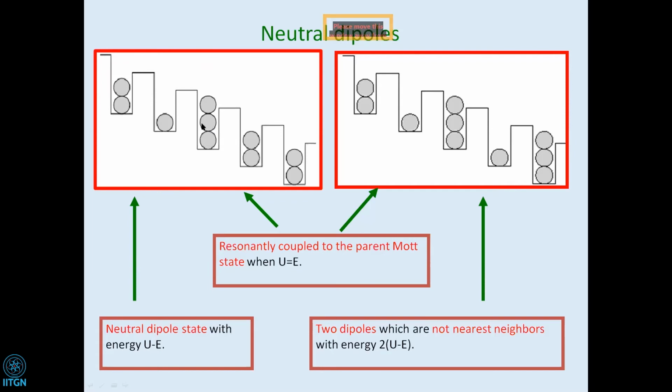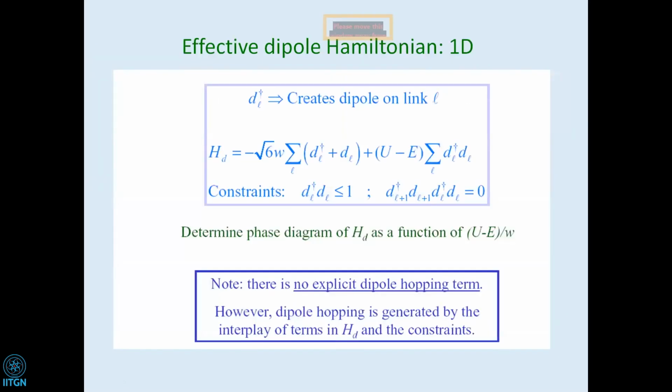So the total energy cost is U minus E, and when U and E are both large but their difference is small, the state with one or many additional hops like this, where there is a hole on this side and a particle on the other, constitutes a dipole. A state with many such dipoles is resonantly coupled to the parent Mott state. It's very close in energy to the parent Mott state in the limit when U and E are similar.